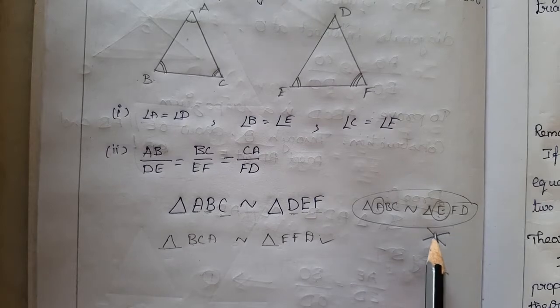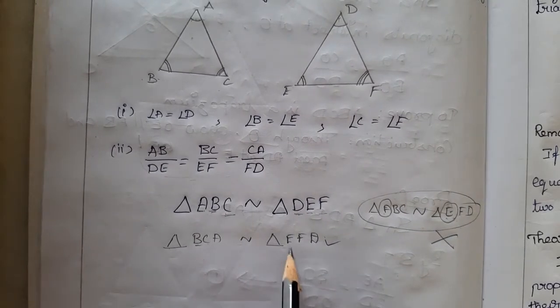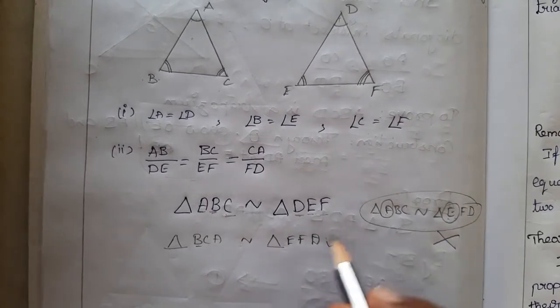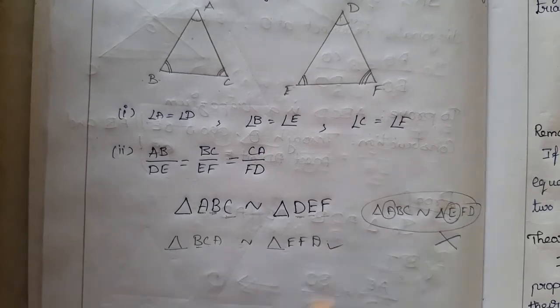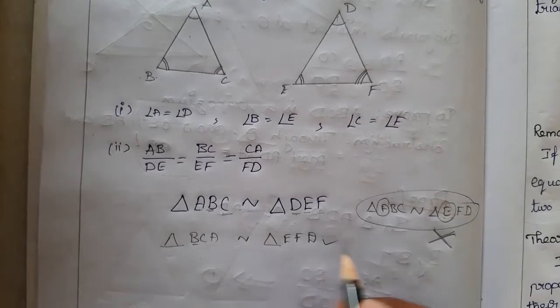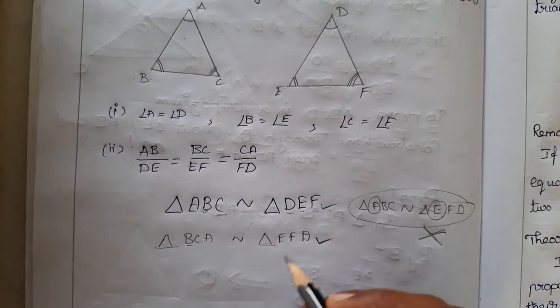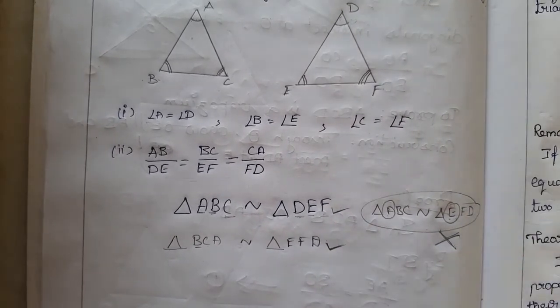So we should not write like this. The corresponding vertices should be in the same place. You have to write like this. So we have one more method also to write. Don't write like this, just write in this format. Either of these will be accepted.